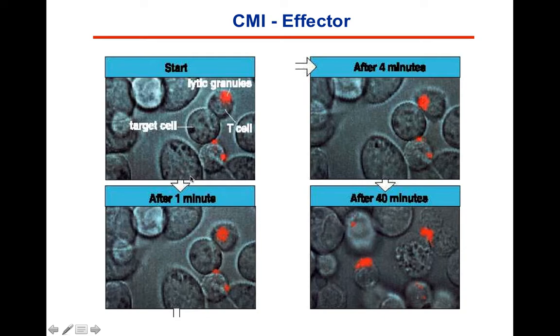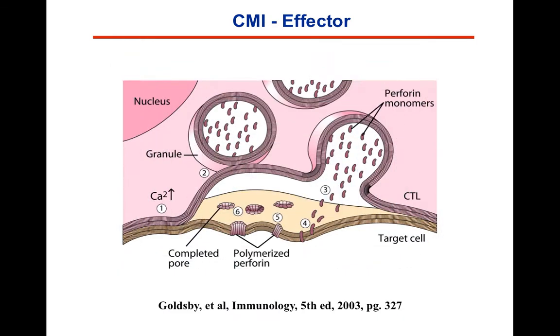Within 1 minute, you can see the granules moving across the cell, and they interact 4 minutes later with that surface, and then after 40 minutes, you can see the cells have started to undergo digestion or apoptosis and destruction in the presence of those enzymes.